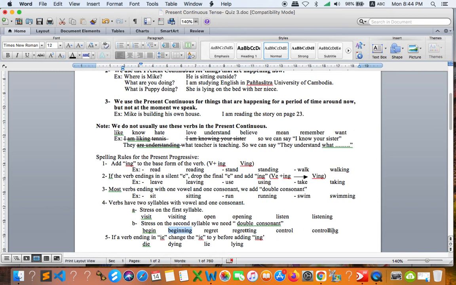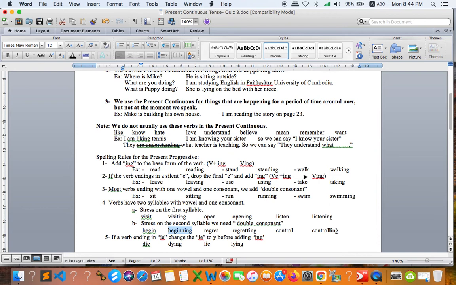Control, controlling. Controlling can be different in terms of American and British accent. For the American accent, the stress is on the first, so we don't double the final consonant, we just add ing. For example, controlling with only one L. However, when it comes to British English, the stress is on the second.